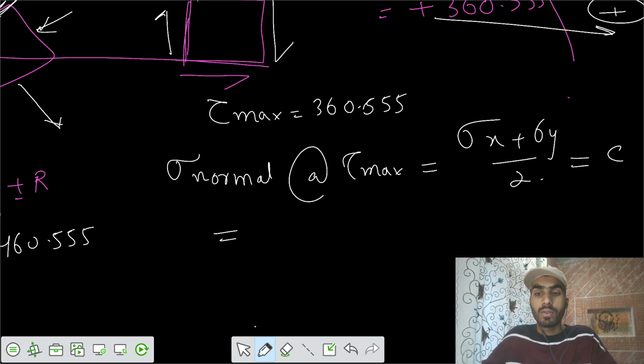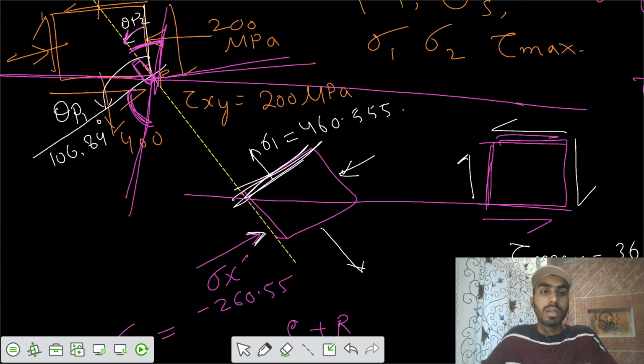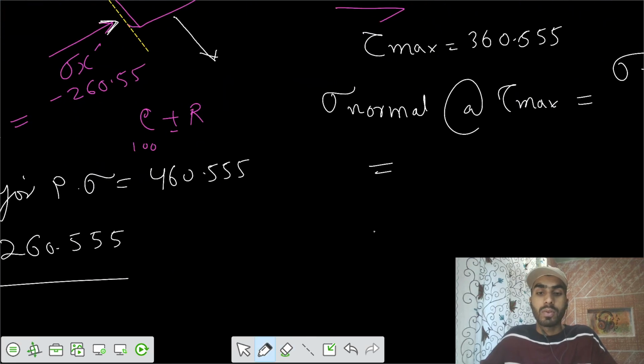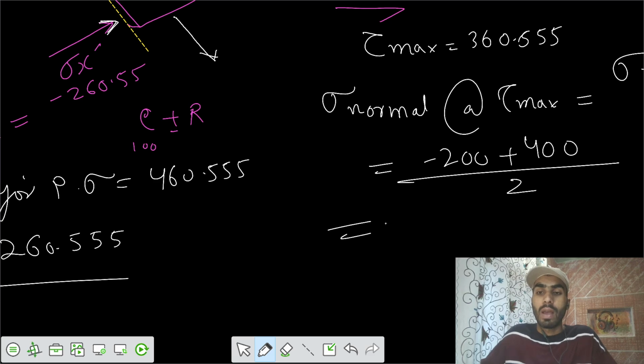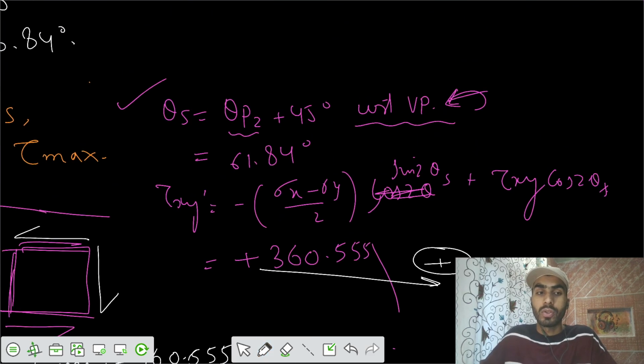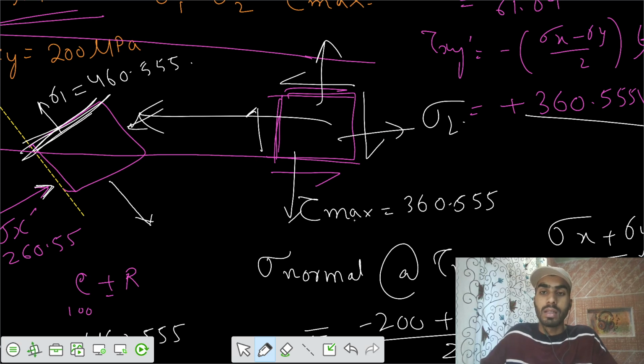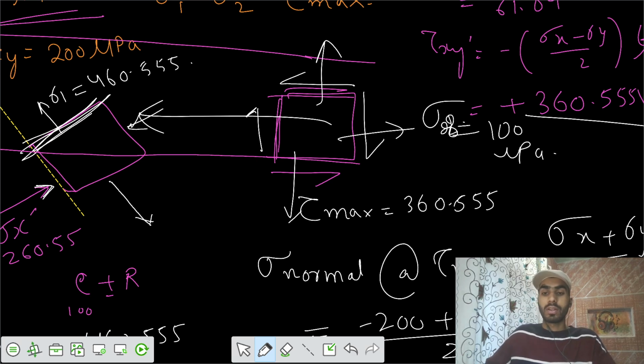If you substitute the values, sigma x was minus 200 plus sigma y was positive 400, divided by 2, we get a value equal to 100 megapascal. That's always positive. So you can show here that you also have a sigma acting, equal to 100 megapascal. So this is the stress representation.